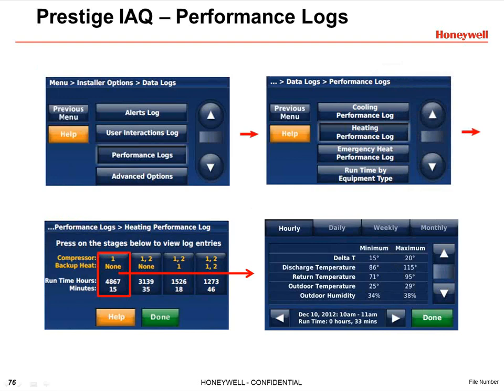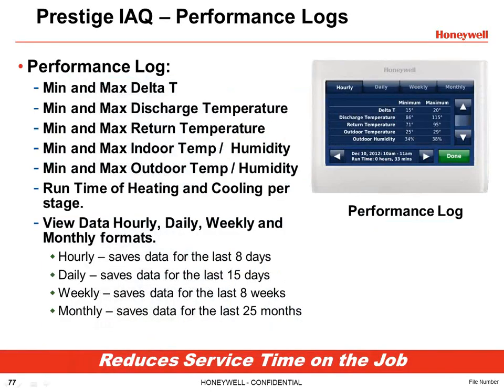One of the new things with these Prestiges is that you can start looking at the performance of the equipment. Because we're adding in temperature sensors, we're starting to get delta T information. We can look at the return temperatures, outdoor temperatures, indoor temperatures. We've got a lot of information coming back to this thermostat, and when the technician goes there or there are any problems, you've got a ton of information at your fingertips.